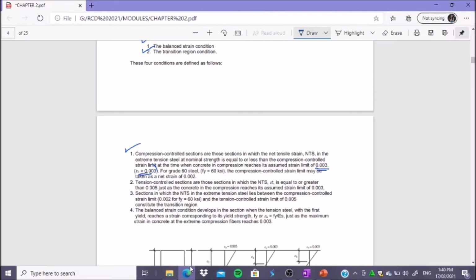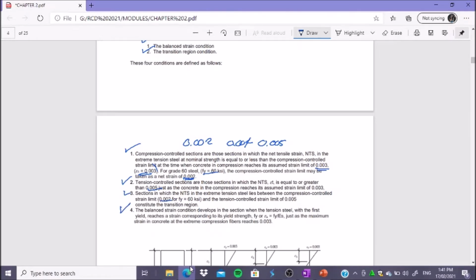And for grade 60, that is Fy equal to 60 KSI, the compression-controlled strain limit is actually 0.002. Then actually you already know the 0.005. Then, tension control section, okay, 0.005. That is number 2. And this one is the balanced strain condition.